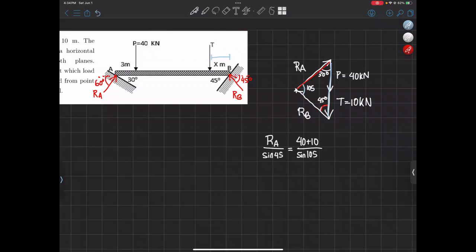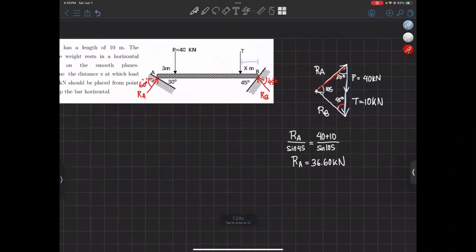So let's calculate that. So RA is going to be 36.60 kilonewtons.